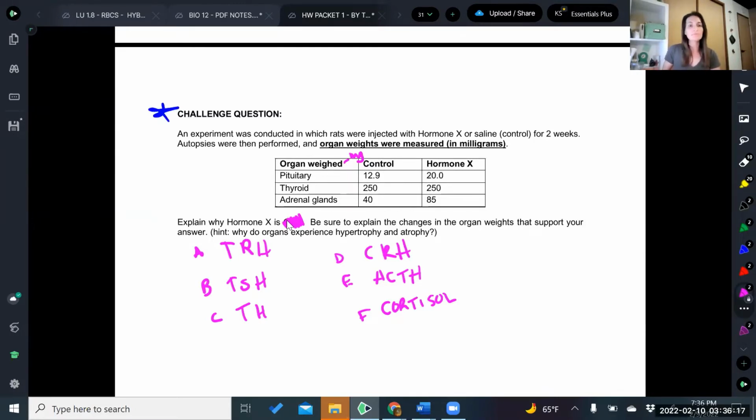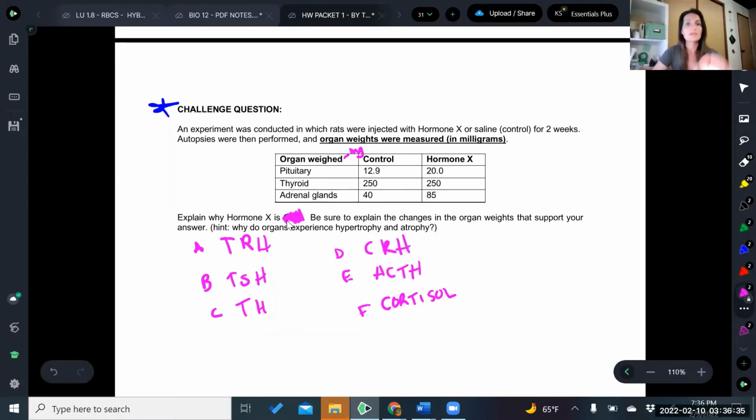So let's try to answer it in that way. Let's say that we did not know that hormone X was CRH, and see if we can walk through the information here to figure out that it is indeed CRH. Where I would start here is with any of the values for the rats that were injected with the hormone, and whether those values haven't changed compared to the control, so that we can rule out some of these potential hormones.